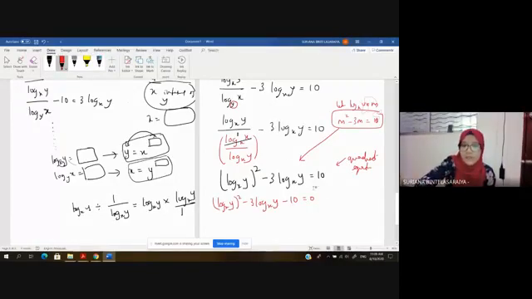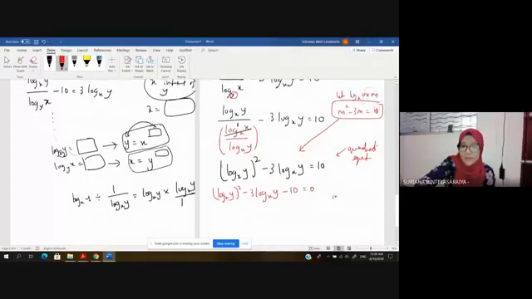Okay? So ini bila kamu dapat quadratic equation ini kan, ada sinar harapan lah untuk solve, because you will end up with a unknown equals to a value. Macam ini, M equals to something after you factorize. So daripada sini, kalau kamu confuse dia dalam bentuk log xy, cuba kamu solve dalam bentuk M. So M square minus 3M minus 10 equals to 0.